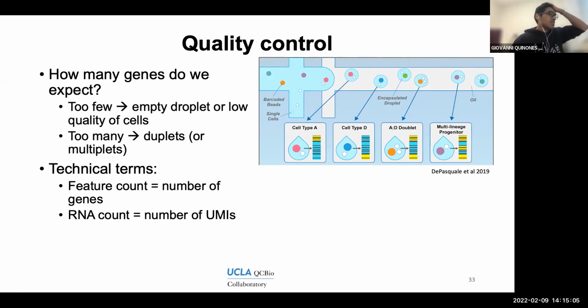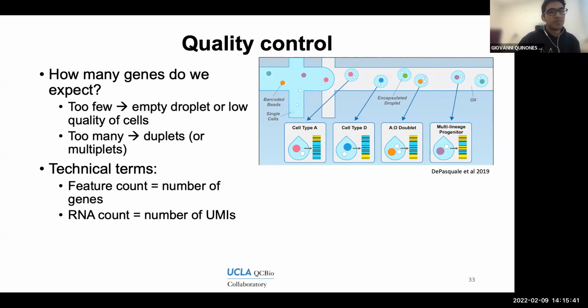And there are more sophisticated methods to get rid of duplets or multiplets based on the transcription profile. In summary, if the transcription profile looks like a combination of the transcription profiles of two different cells, then you would assume it was a duplet. That's more sophisticated. The easier way is just to get rid of the cells that have too many genes expressed.